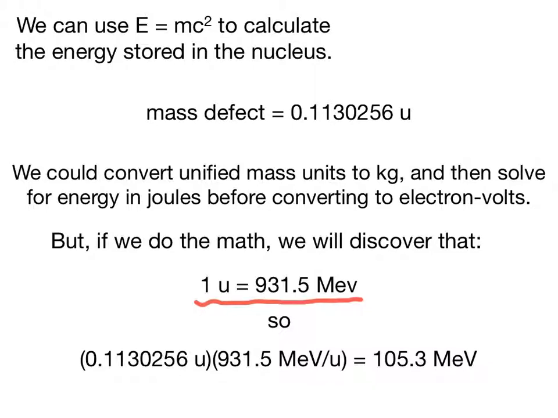So if we multiply the mass defect from our problem we're working on, 0.1130256 atomic mass units, times 931.5 mega electron volts per atomic mass unit, we find out that the energy stored in the nucleus, the binding energy, is 105.3 MeV, or 105.3 mega electron volts.